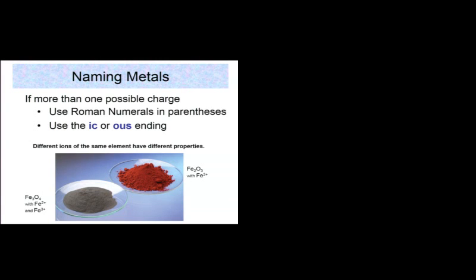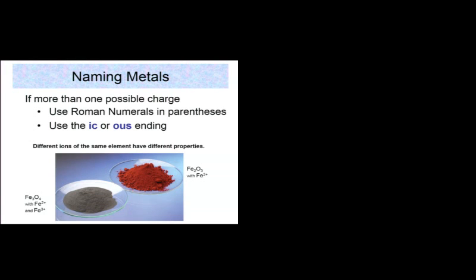Now this is the charge, not how many ions there are. So let's take a look at this example. Iron 3. It's 3+. Iron 3 means the charge is 3. Look at the formula. Are there 3 irons in here? No. So that Roman numeral is not to say how many there are. It's to say what the charge is.